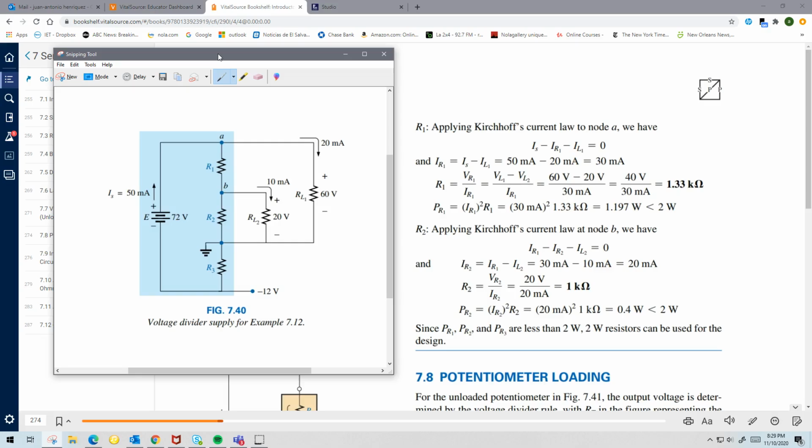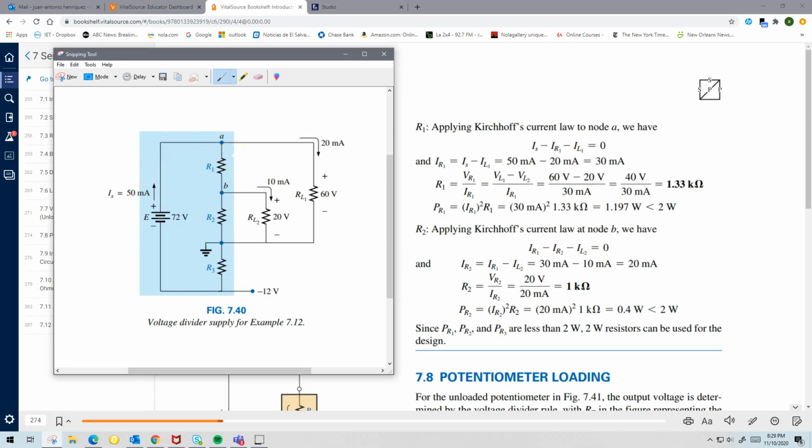Our original circuit, right? So now we're looking for R1. What is R1? This one, right? Well, now if I apply Kirchhoff's current law to this node A, and this current is already given in the problem, right? So you can see that I have 50 milliamps going into node A.